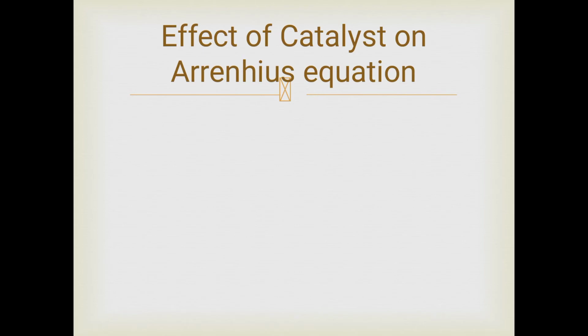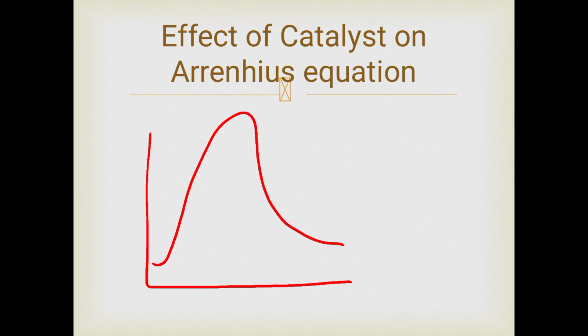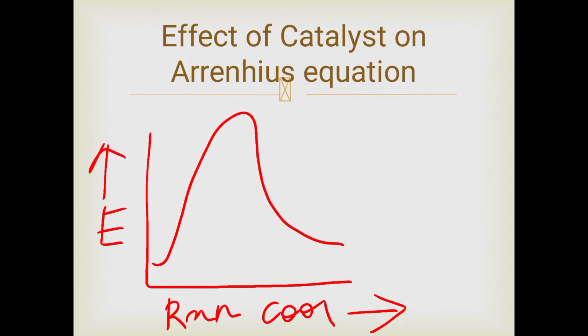Now going ahead with the effect of catalyst on the Arrhenius equation, we have to know a graph for this. Say suppose you have a reaction proceeding from A to product P, and as it proceeds, this is the profile it shows. Over here you have your energy on the y-axis, and here you have the reaction coordinate. So your reaction proceeds from here to your product P, and this is the profile when you do not have a catalyst.